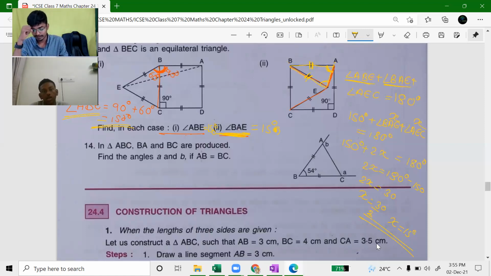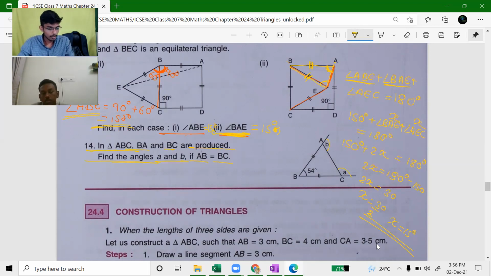This is the very simplest question now. See, in triangle ABC, BA and BC are produced. Find the angles. If AB is equal to BC, what they have given us, we want to find this angle and this angle.